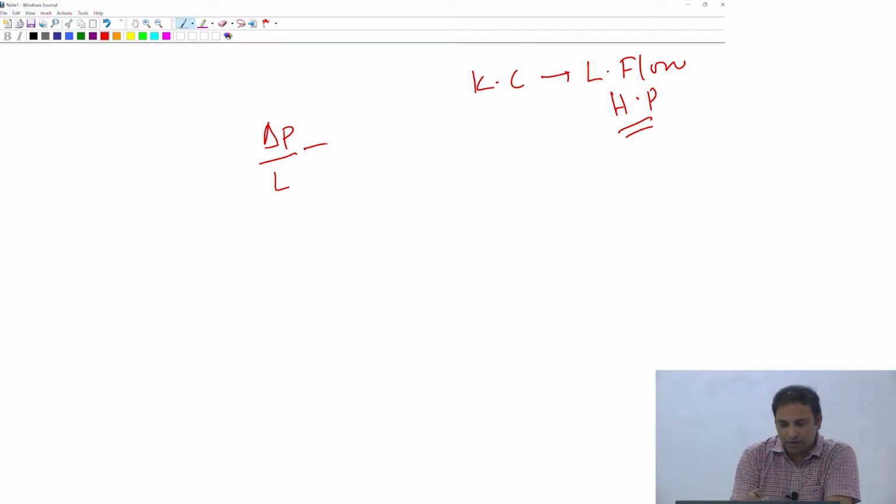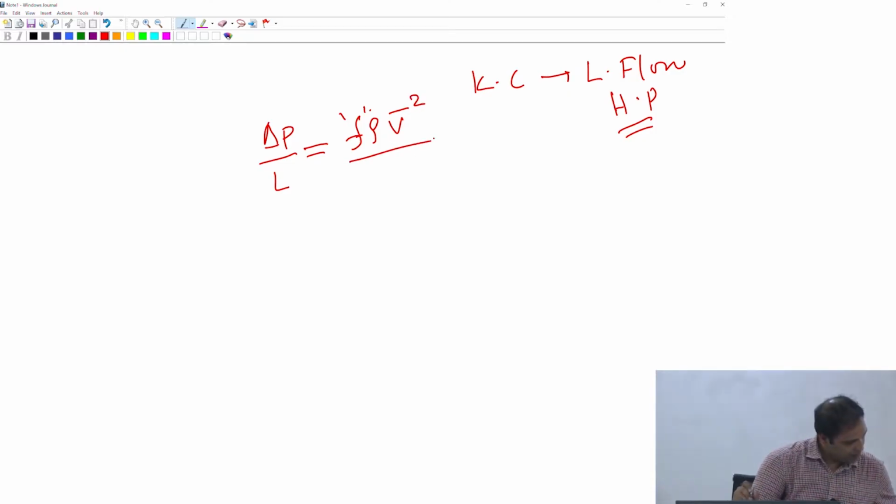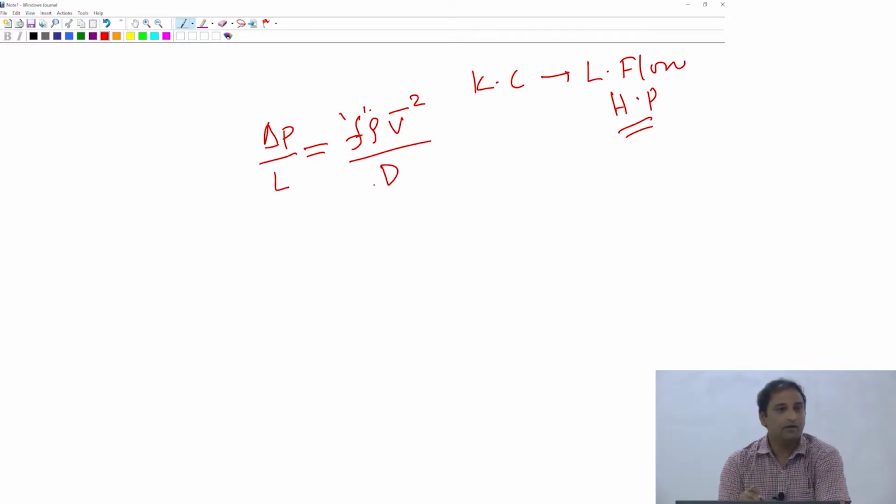It turns out delta p by L for the flow of liquid through a conduit in the turbulent flow condition goes something like F, that's the friction factor, times rho, that's the density of the fluid, times V naught square divided by D. Anyone remembers, that's D, right.